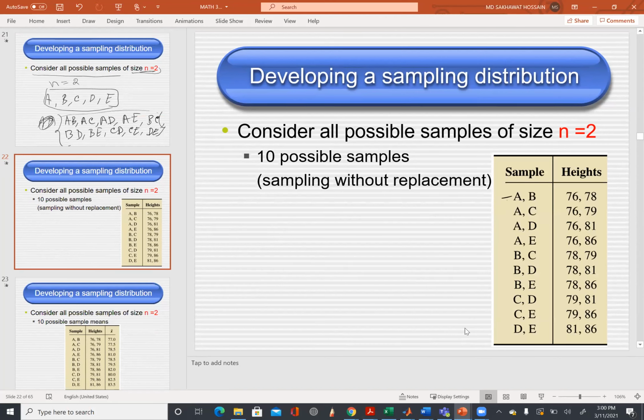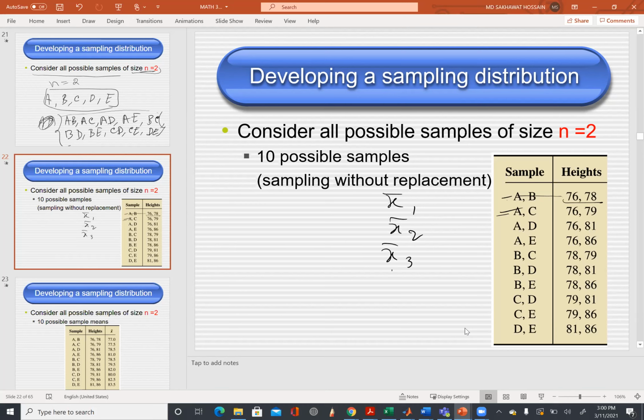This is our first sample, this is our second sample, and their corresponding heights. Now, for each sample, you can calculate the sample mean. For example, suppose the sample mean for the first sample is x1 bar, and this is x2 bar.